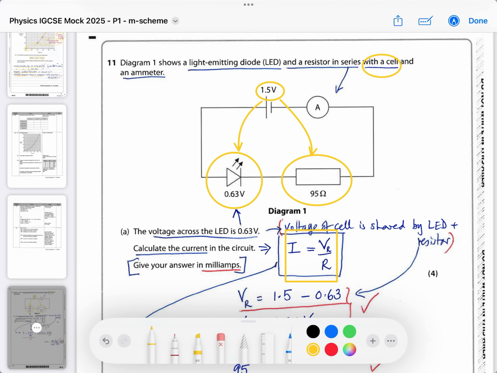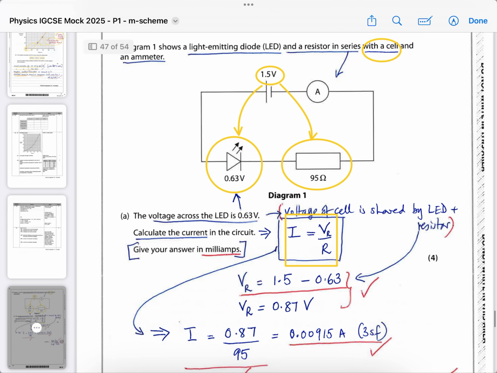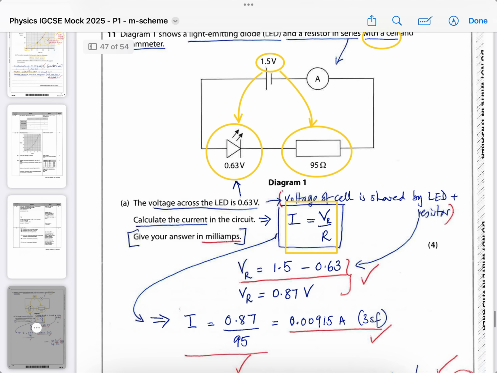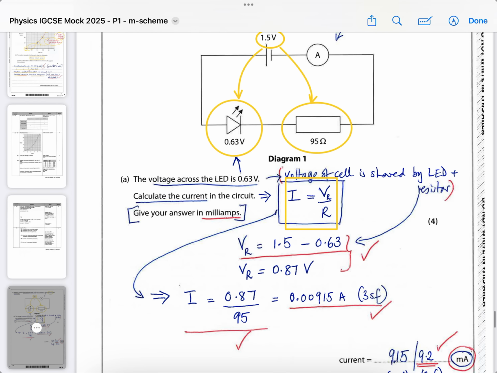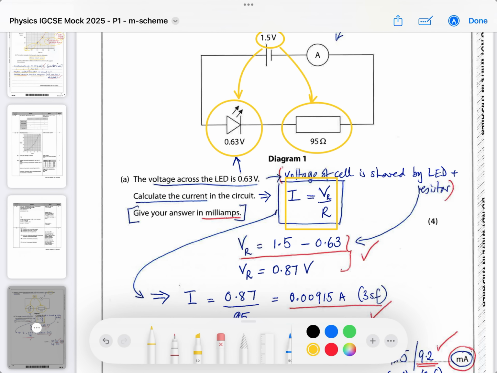And you'll know that the current in the circuit is the same everywhere in a series circuit. So they're trying to see if you know the circuit rules. Okay, so they want you to calculate the current in the circuit, and give your answer in milliamps.